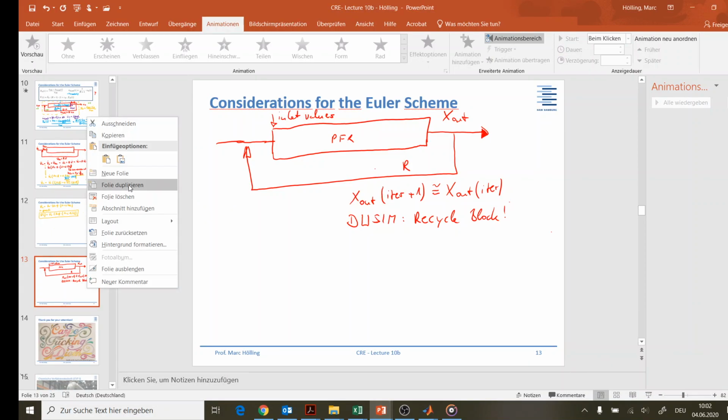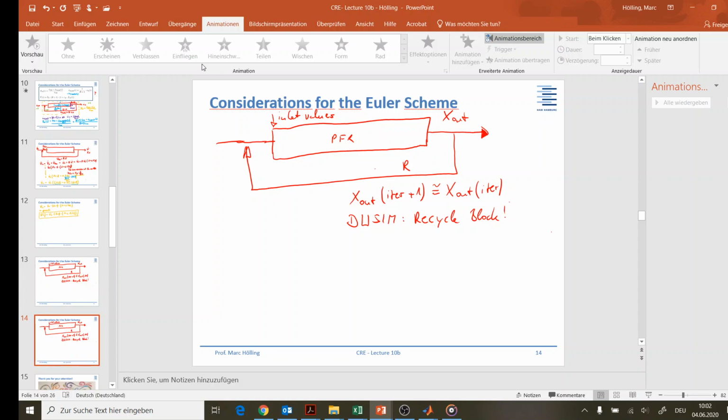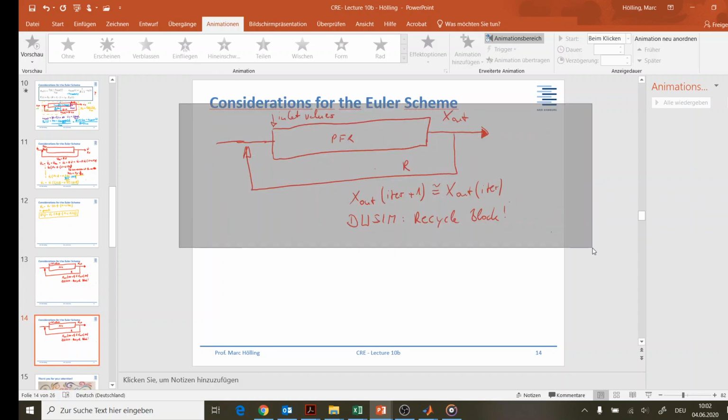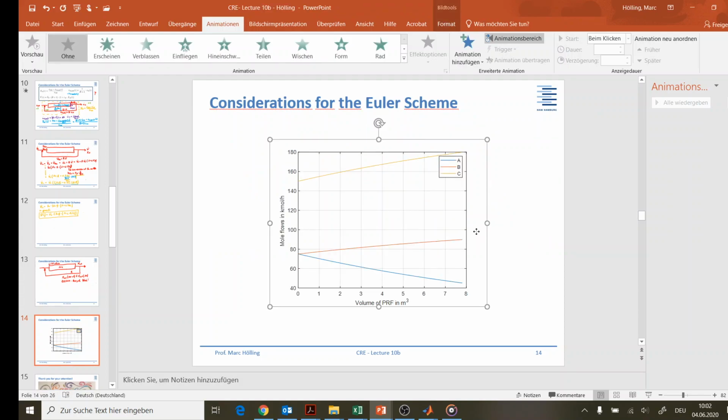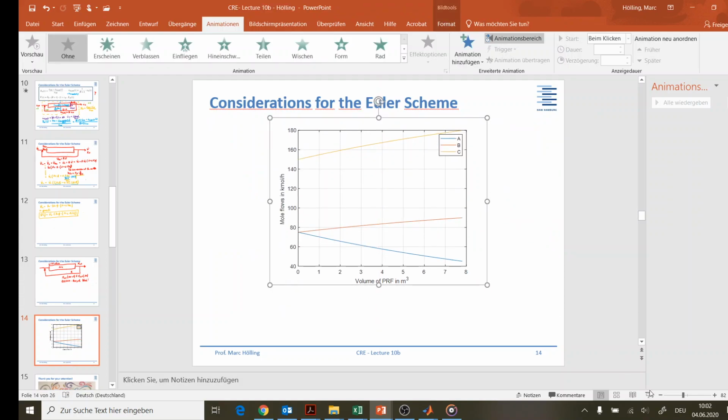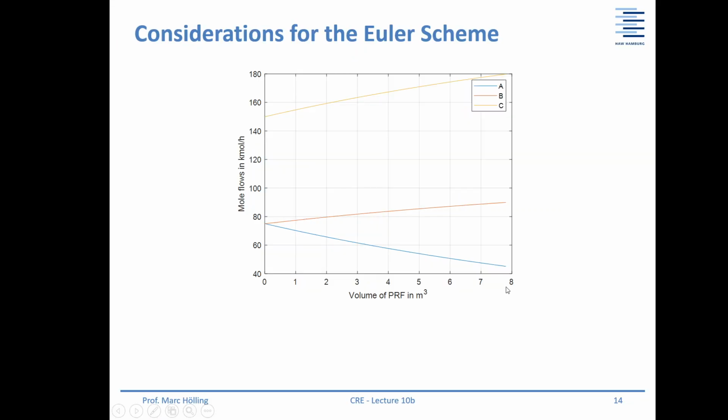Then we can put it here. Okay. So what you can see here is that we have a mole flow of component C of 180 kilomoles per hour. But what does it mean?